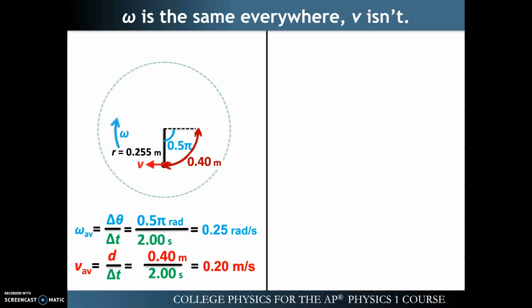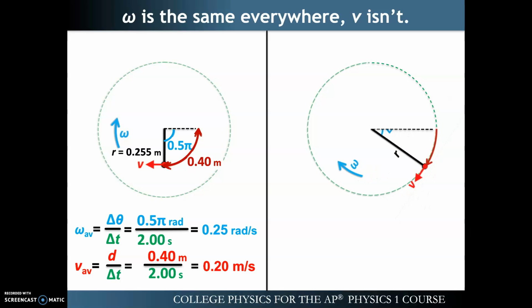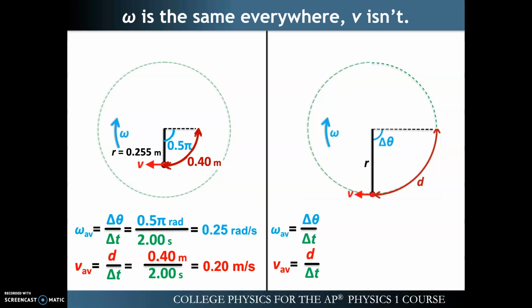That's a point in the middle of this rotating disk. If we look at a point at the edge of the disk doing that same quarter turn, this time the radius is 1.0, meaning our arc length is going to be 0.8 meters.